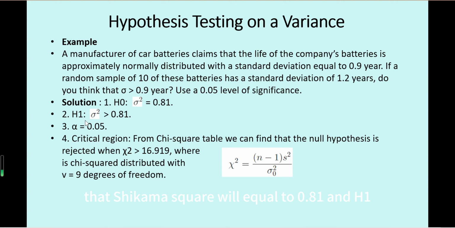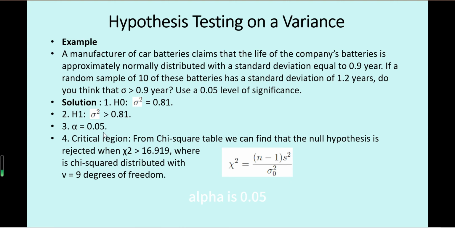And H1 is the alternative hypothesis, because the question is whether sigma is larger than 0.9. So this is a one-sided test. We want to test whether H0 will be rejected or not. So H1 is sigma square larger than 0.81.